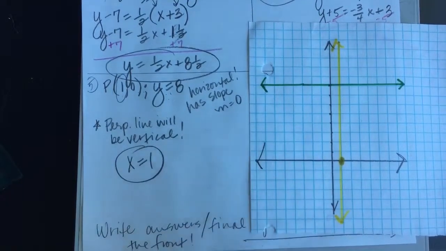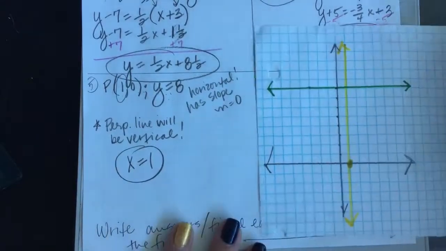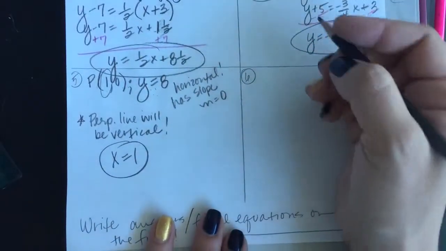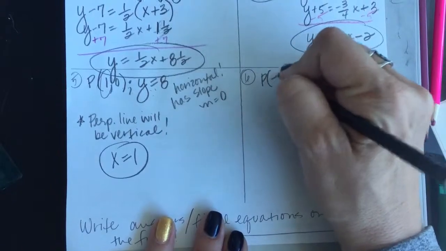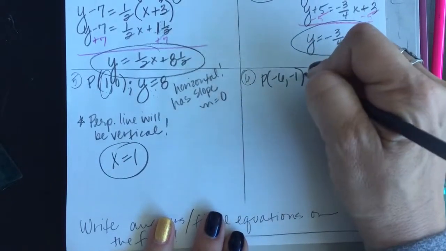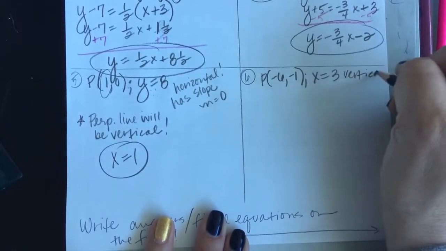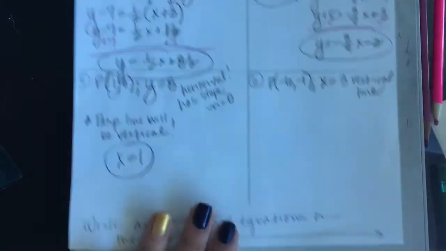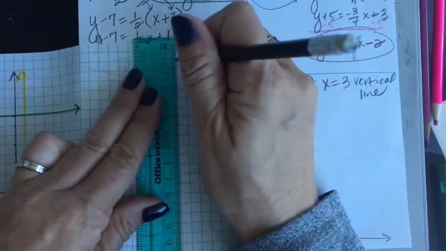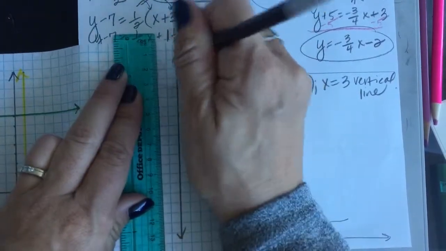So then if we use that idea for what's going on in number 6, the point is (-6, -1), and this is x = 3. So this is a vertical line. Let's just work through it on the coordinate plane, and then we'll see how it relates to the values.